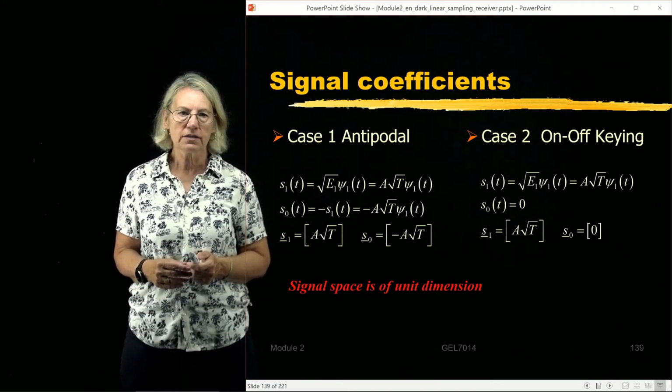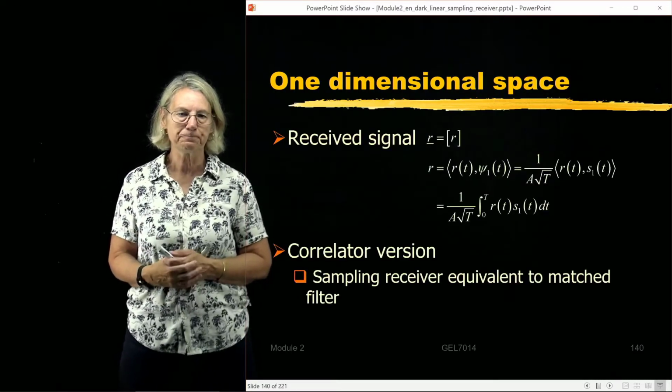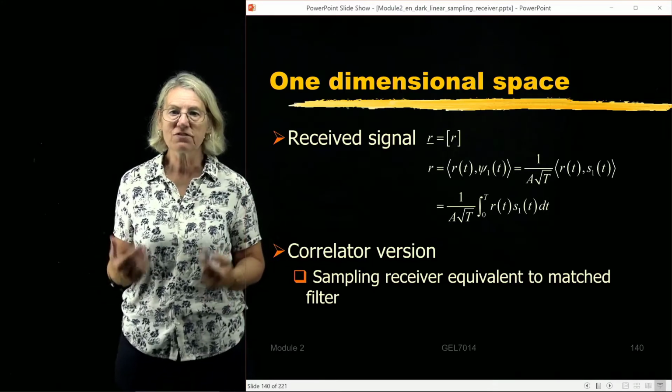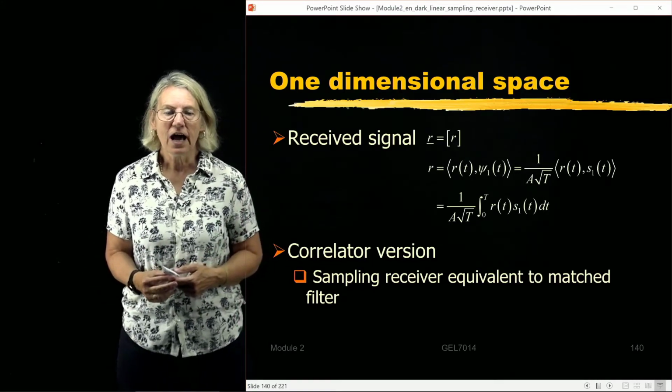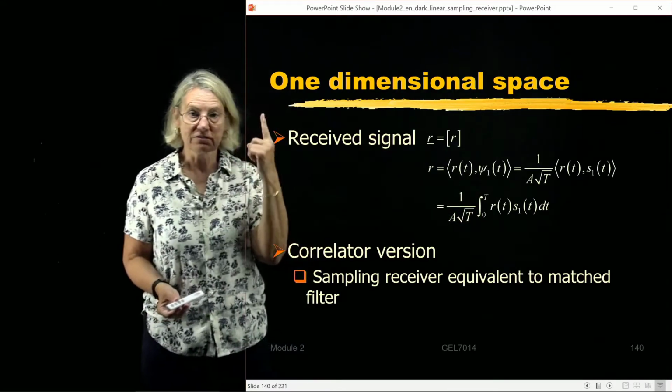So let's start looking at this one-dimensional signal space. When I get a received signal, R of t, I simply take the inner product with the only basis function.